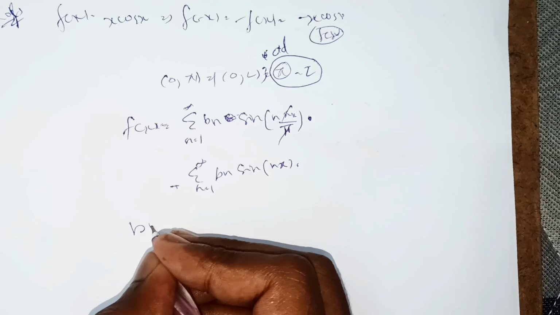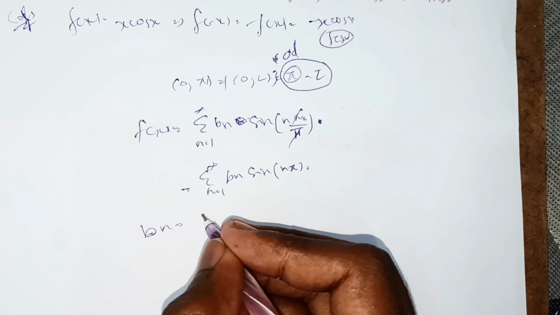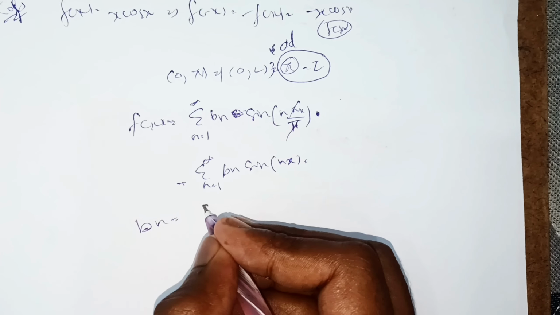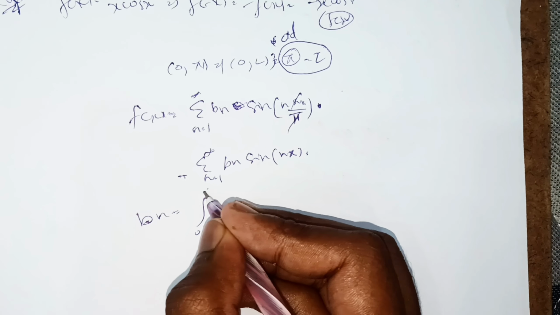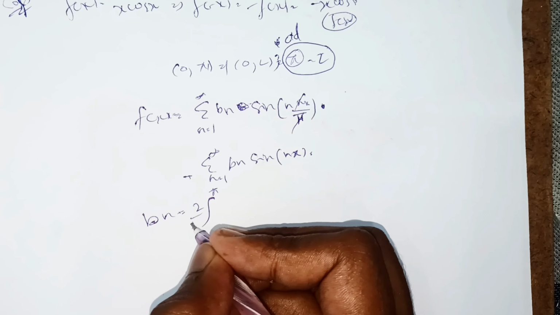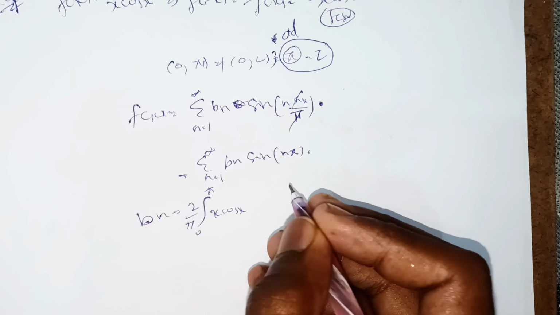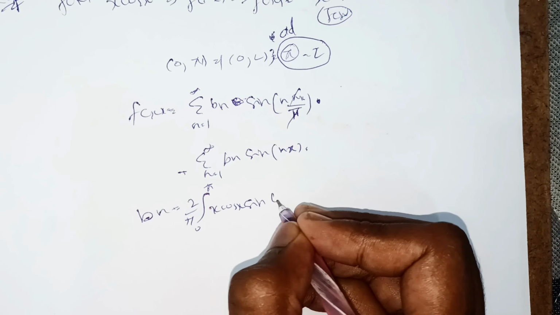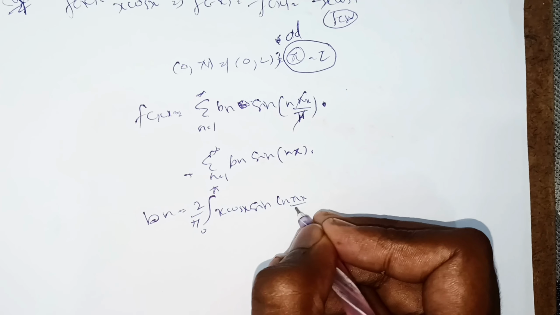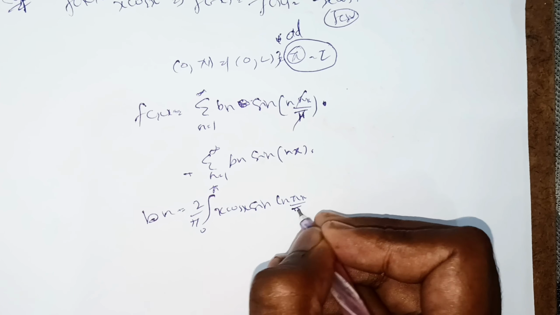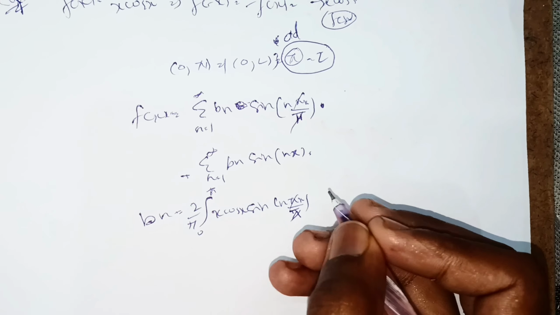So the bn value: bn equal to integral 0 to pi, 2 by pi, f of x, which is x cos x, into sine of n pi x by L. L is pi here, so pi will be cancelled out in x.